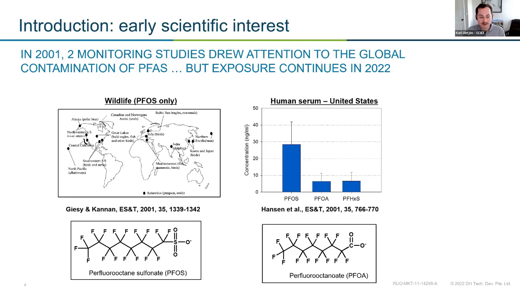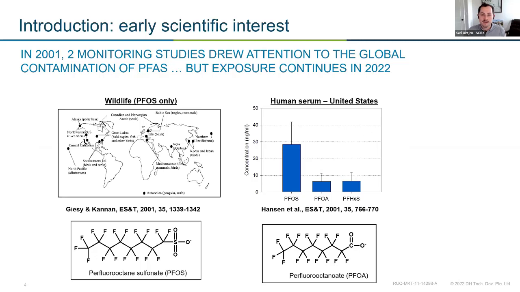For example, in Antarctica, in penguins and seals. And Antarctica typically isn't a place we would think of as a PFAS production hub. So really it was highlighting that, yes, this is a global problem. It's not just limited to, say, the United States or just industrial areas.